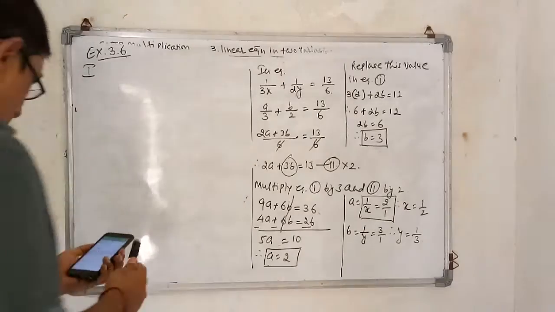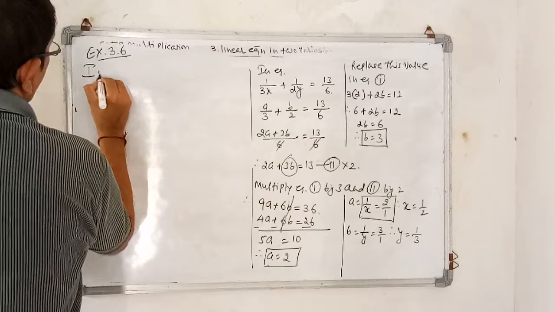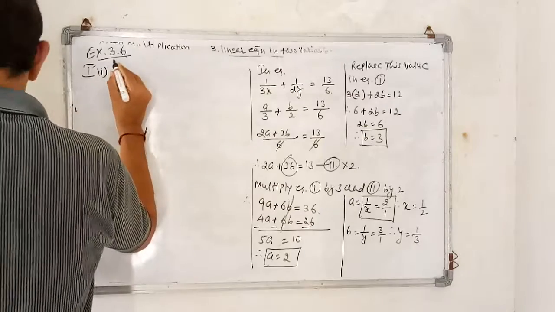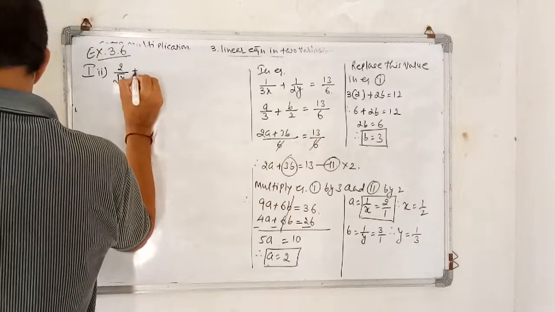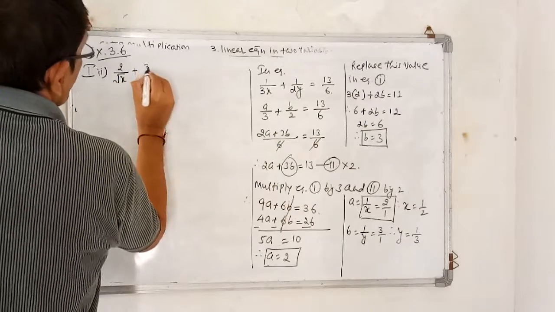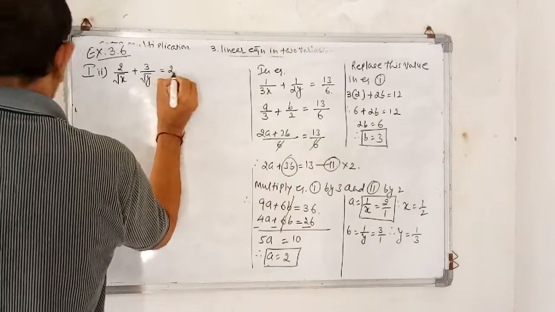So the second one is of a square root. It is 2 upon root x plus 3 upon root y is equal to 2.